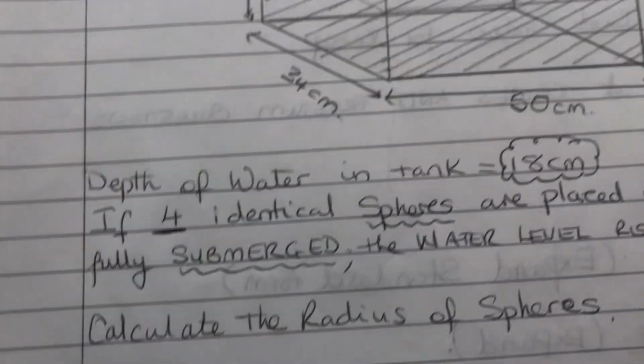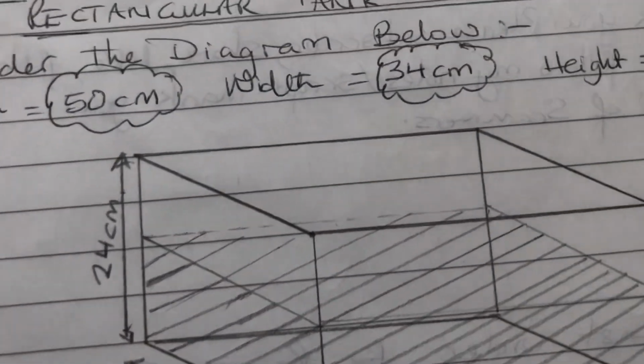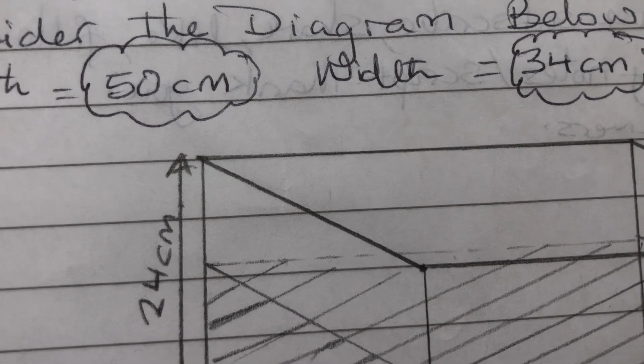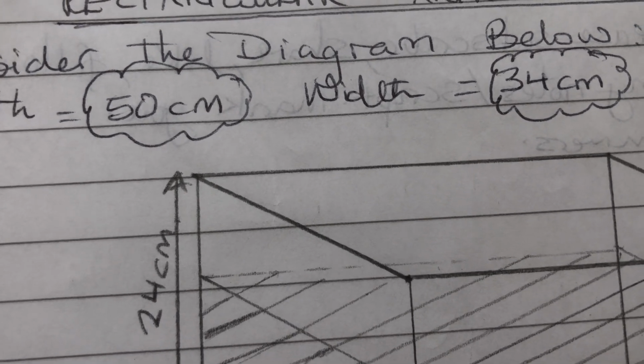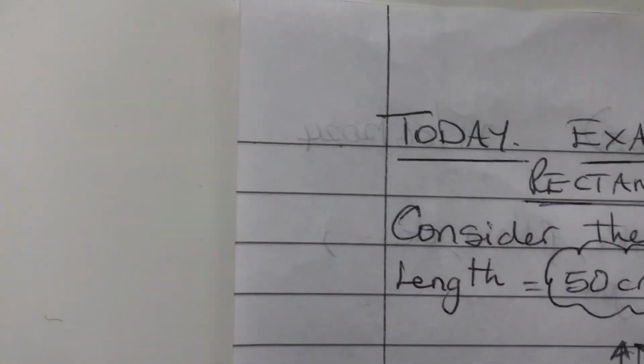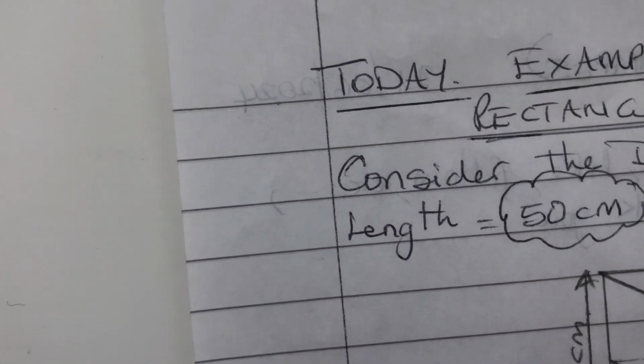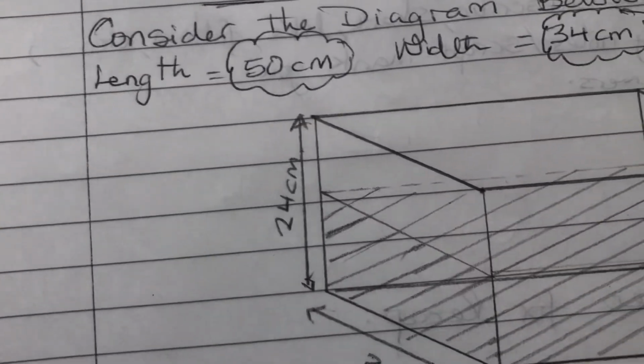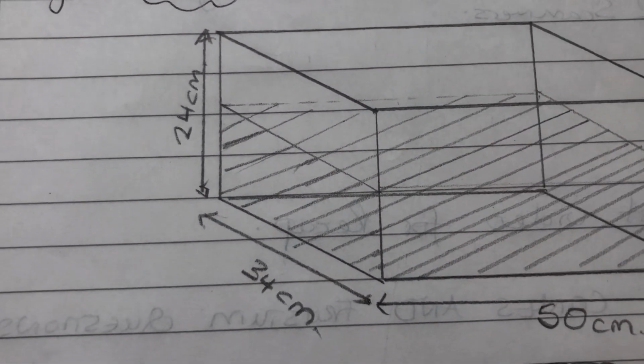Now, as I said, when you go to the shops, the supermarket, carefully observe as you shop. Just look at the shapes that the food and the contents you are buying come in. Today we are looking at a rectangular tank. This can be used in factories.